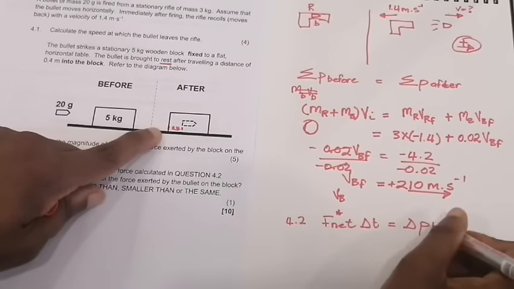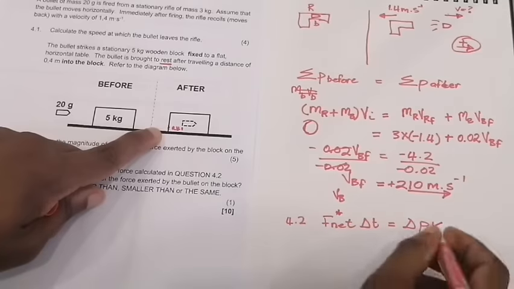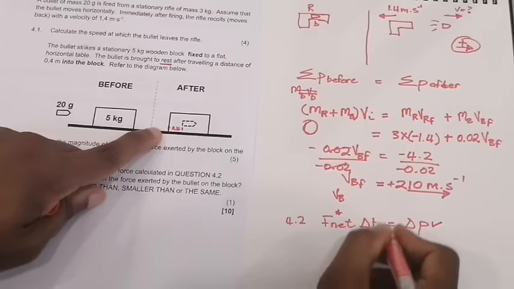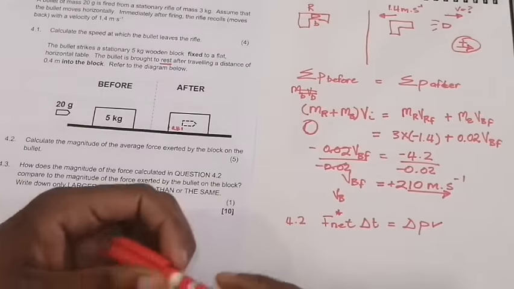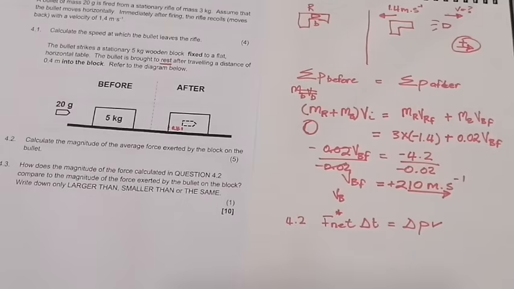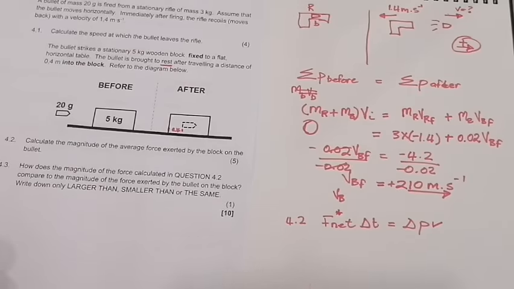Now, we can find this. The problem is we don't seem to have the change in time. So what do we do? Actually, there are several different approaches. I'm going to take you through one of them. In order for me to get that time, what do I know?